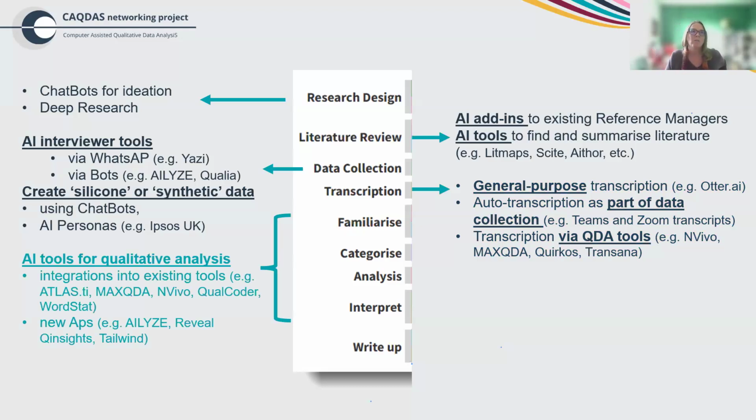But these are the genres of tools I want to talk about. So we've got integrations into existing tools. So the integration of generative AI capabilities into existing tools. And the ones I've got listed up there are existing qualitative software tools that have started to do this already. So ATLAS.ti, MAXQDA, NVivo, QualCoder, and WordStat.